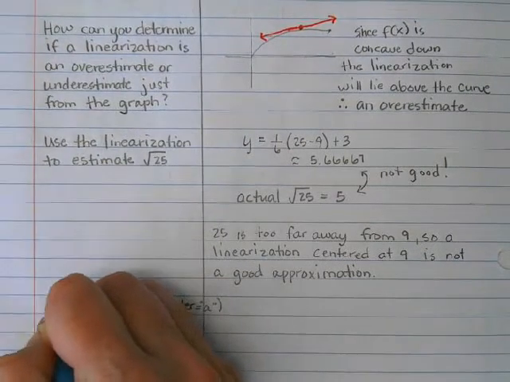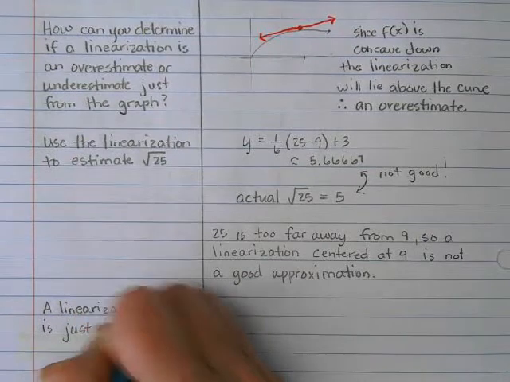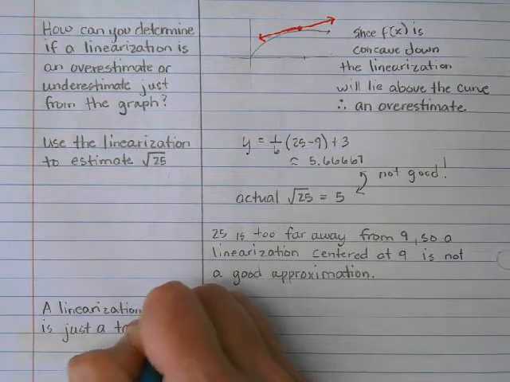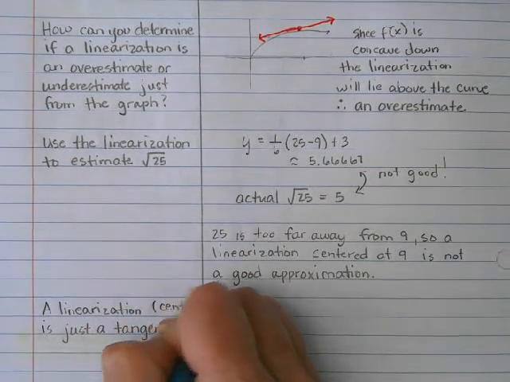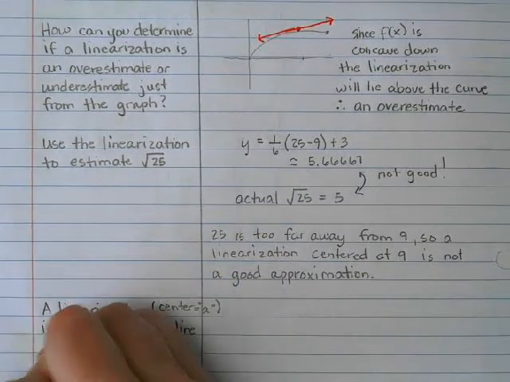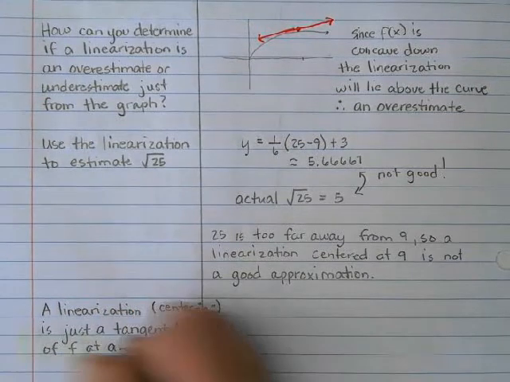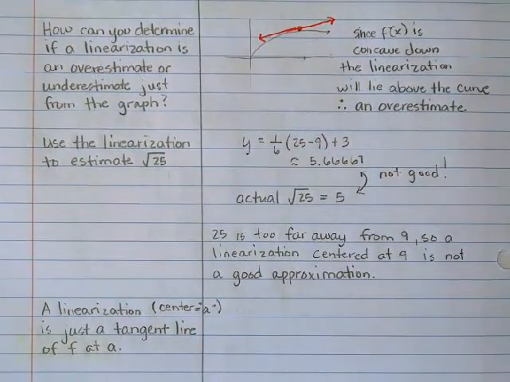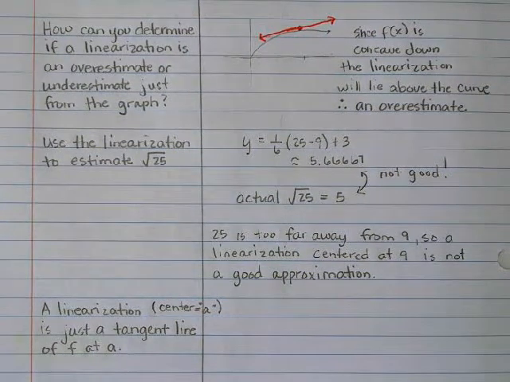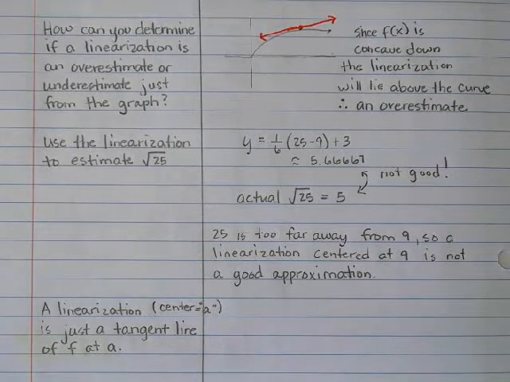Remember that is just a tangent line of f at A. And I want you to see, because they give us a formula that doesn't look like what we're expecting.